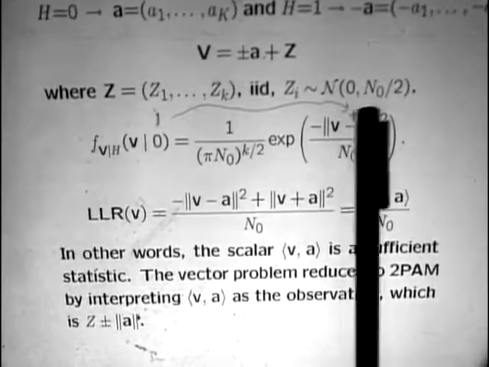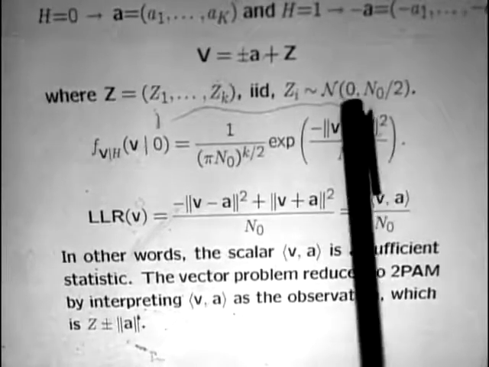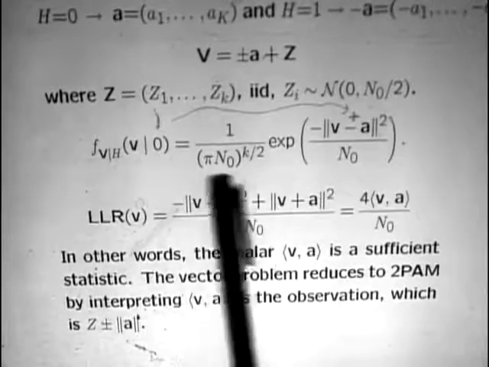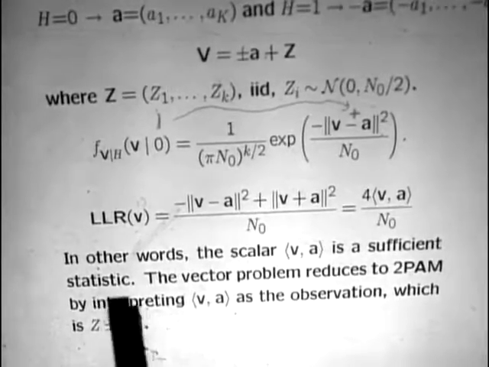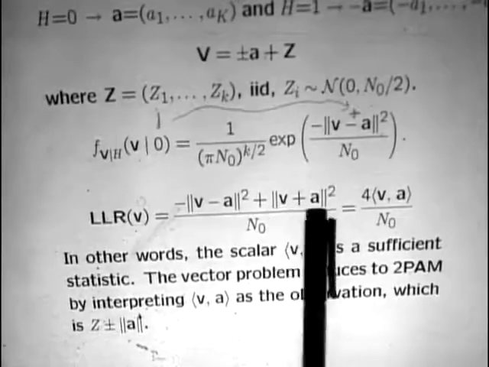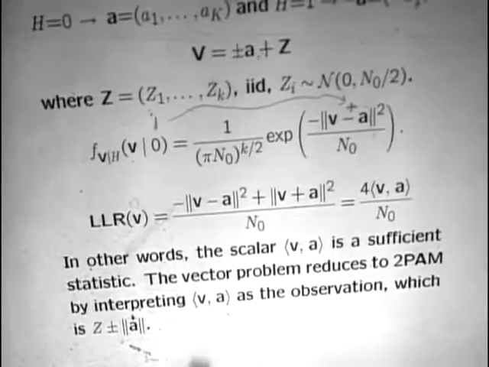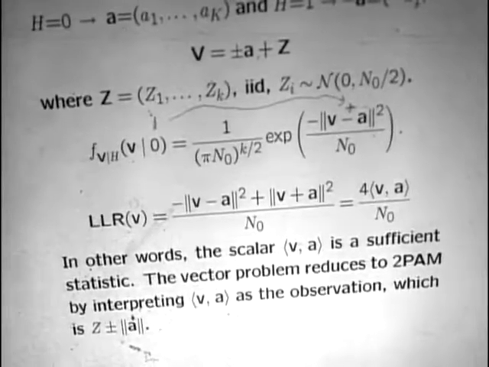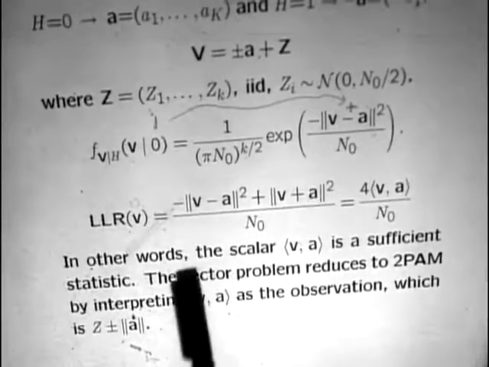And when I take the log of that, I get this term minus the opposite term with the opposite sign. So I have minus the norm squared of v minus a plus the norm squared of v plus a over n0. And again, if you multiply this out, the v squareds cancel out, the a squareds cancel out, and you just get the inner product terms.